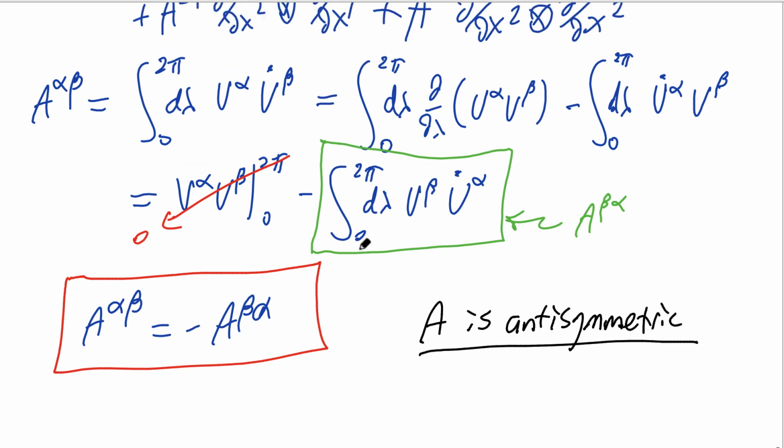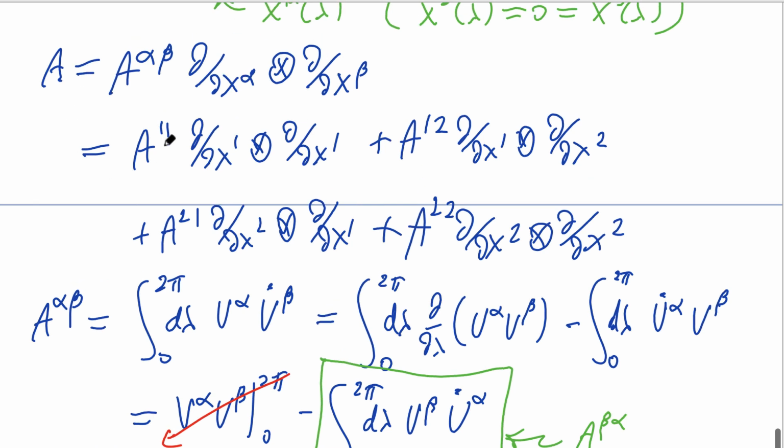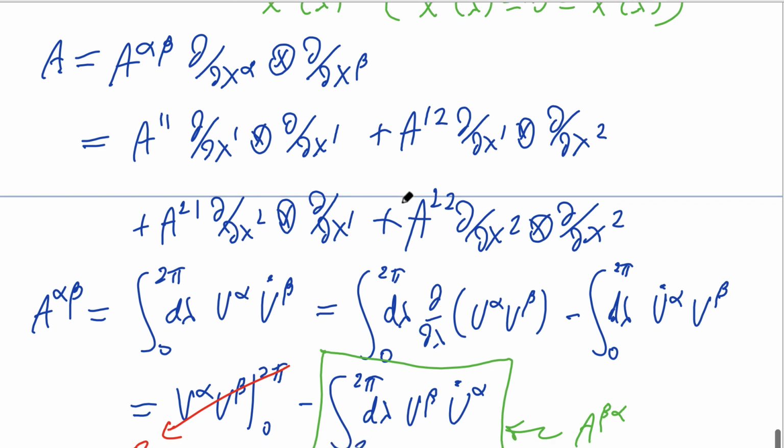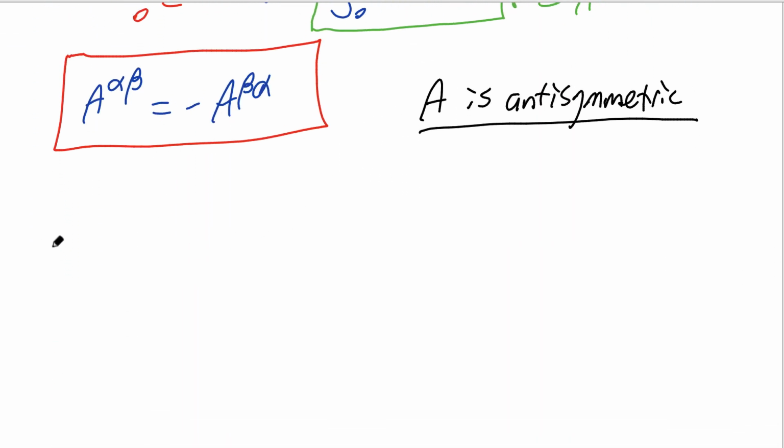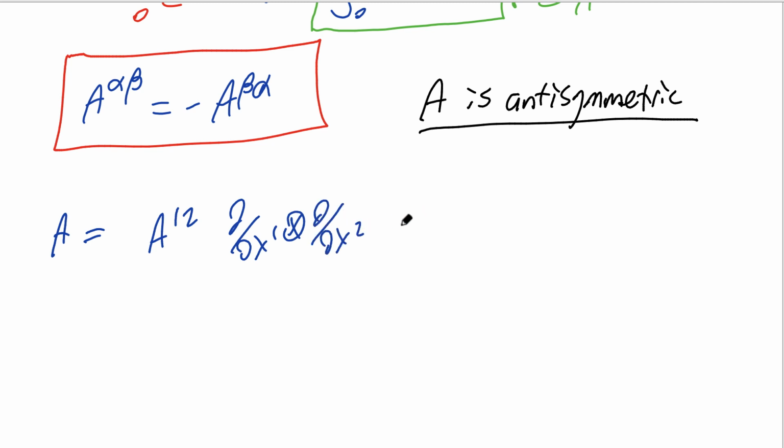And in terms of the expansion in a coordinate basis, of course A11 must vanish because the components are antisymmetric. A22 must vanish, and A21 is equal to minus A12. So we can write the expansion of this tensor as A12 times partial with respect to x1 outer product with partial with respect to x2, minus the other way around, partial x2 partial x1.